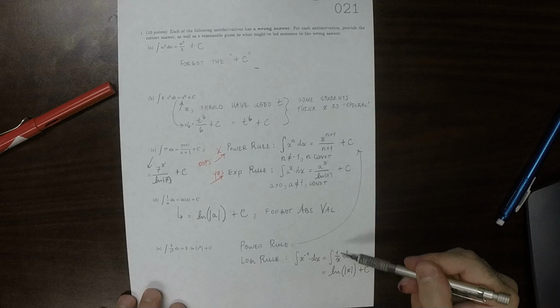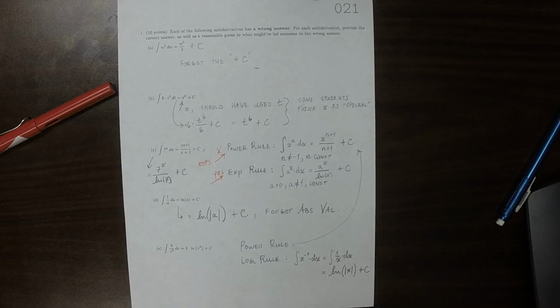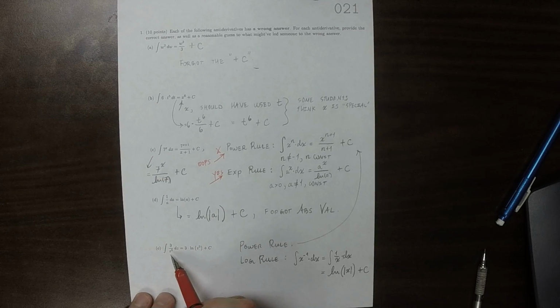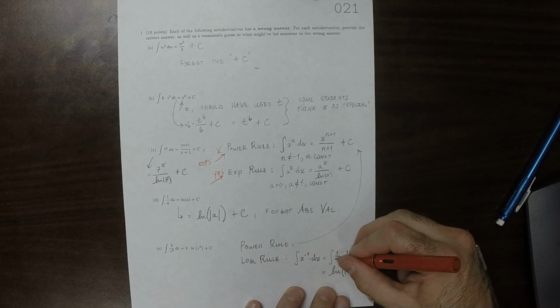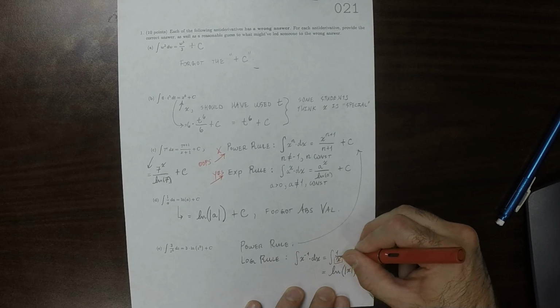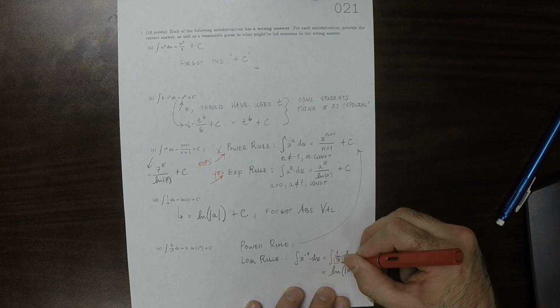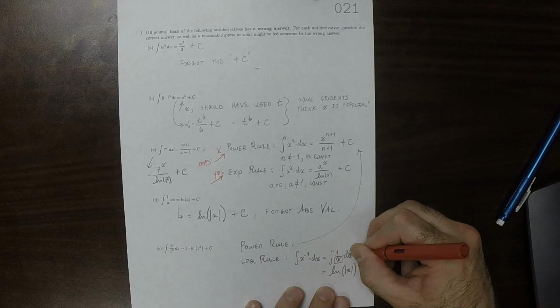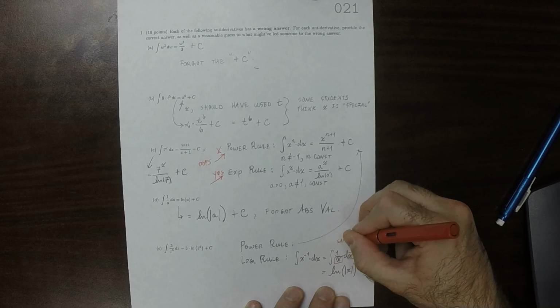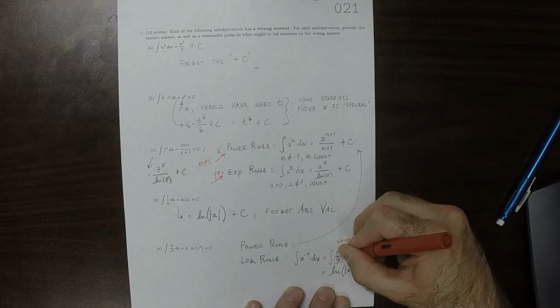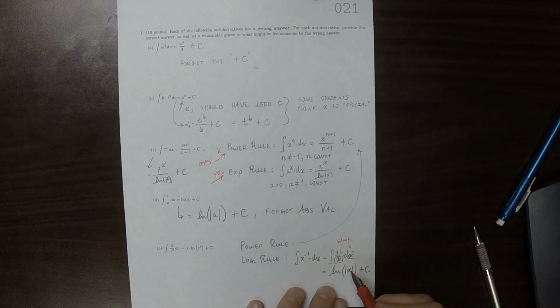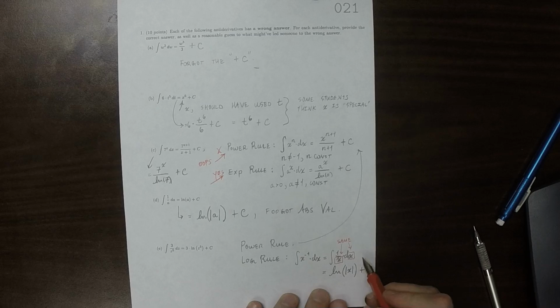And this 1 over thing is what causes the false match here. So notice that this x, it's 1 over thing and then d thing, and these are the same. What that is, that's an x and that's an x.